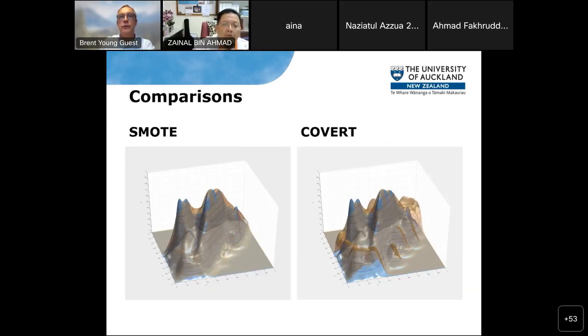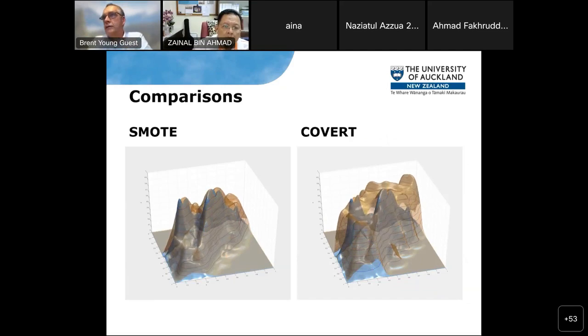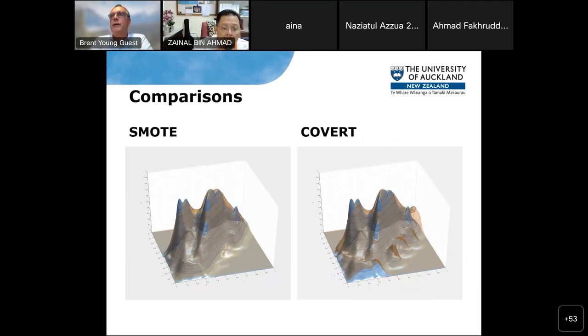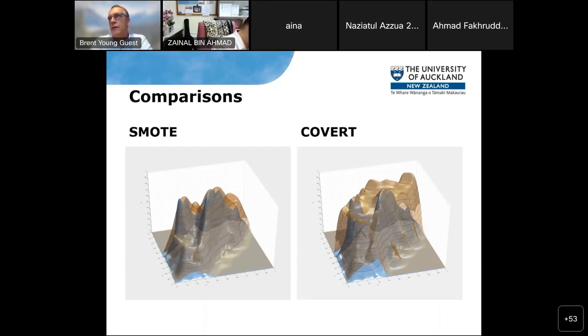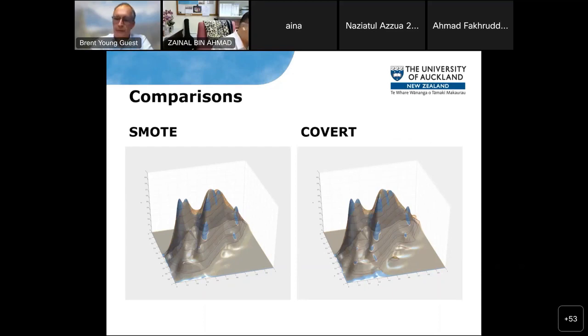I mentioned before that SMOTE was the state-of-the-art tool that's used. You can see its performance on the right versus ours. They initially look very similar, but we end up with a more uniform distribution, whereas the SMOTE technique tends to be a bit more peaky.